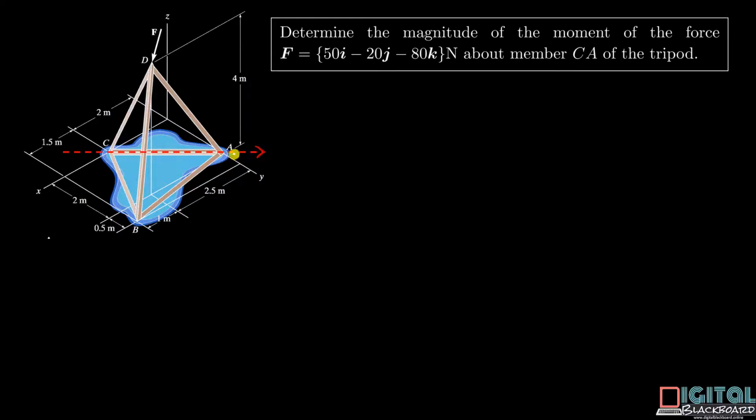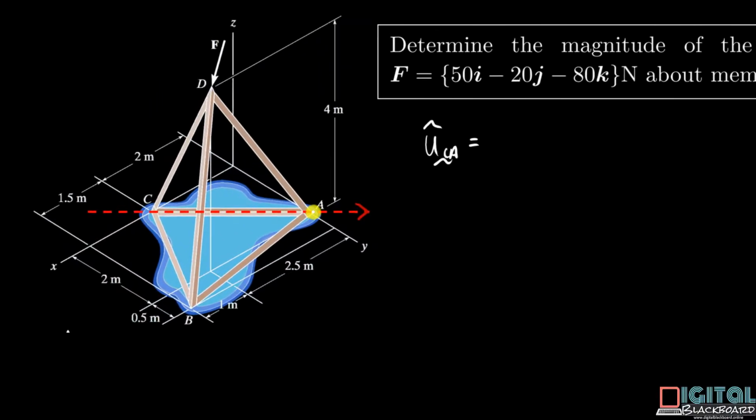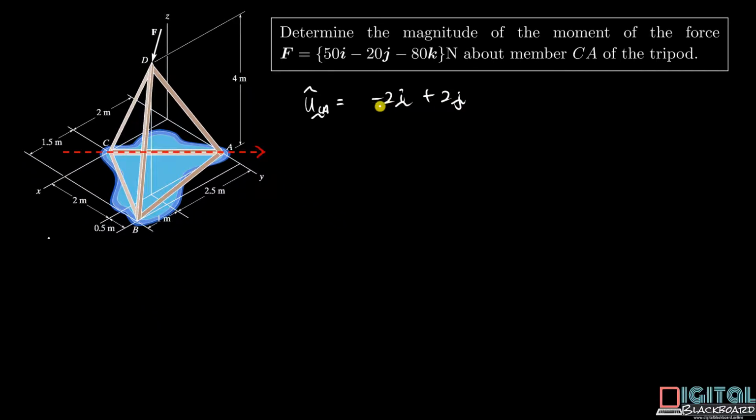So our first step is to compute the unit vector in the direction of CA, u_CA cap. If you look carefully at the vector CA, it is pointing in the negative x direction by 2 units, so it's minus 2i, and it is also going in the positive y direction by 2 units, so plus 2j, to be divided by the magnitude, which is square root of 2 squared plus 2 squared.